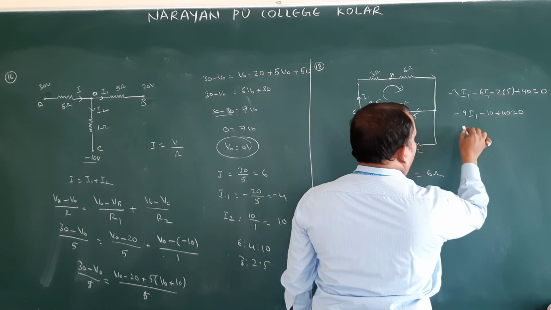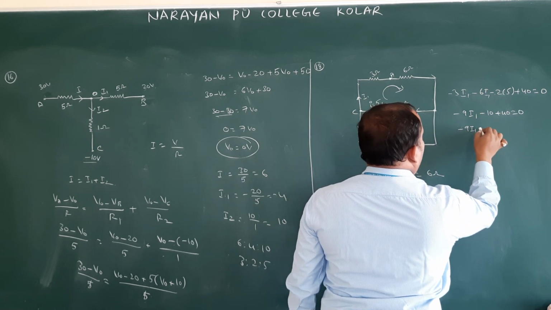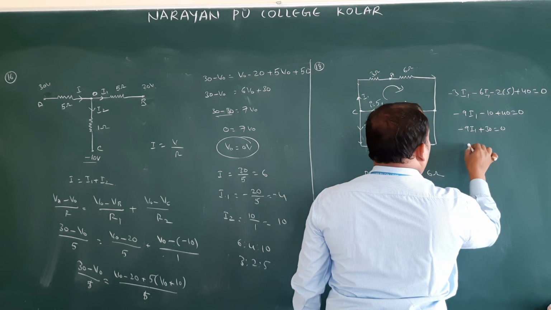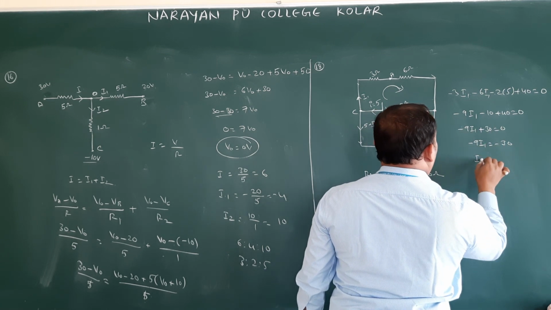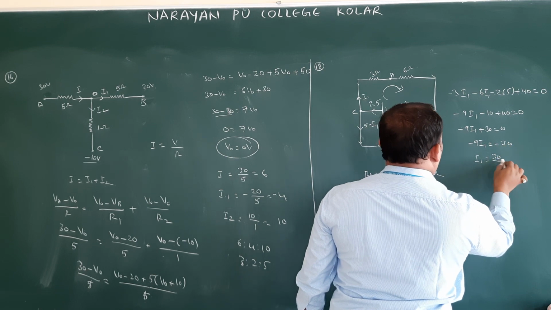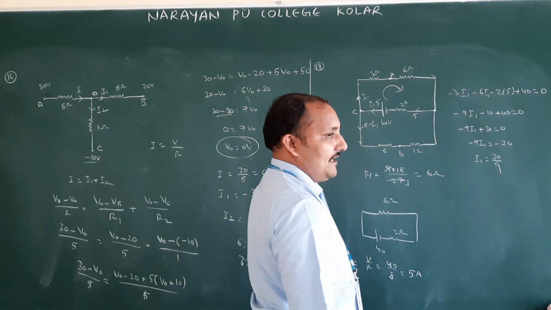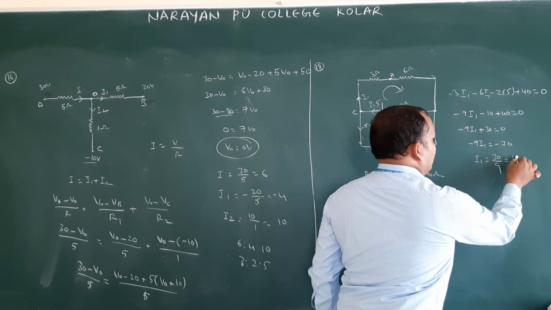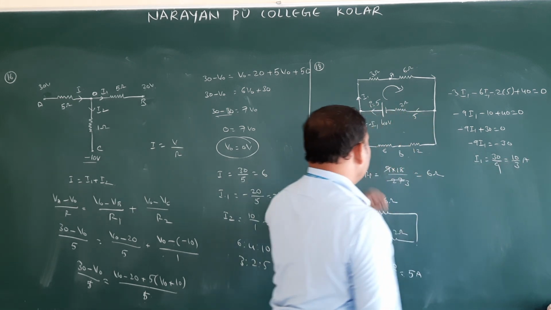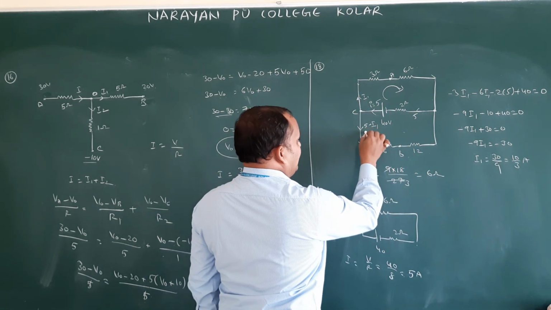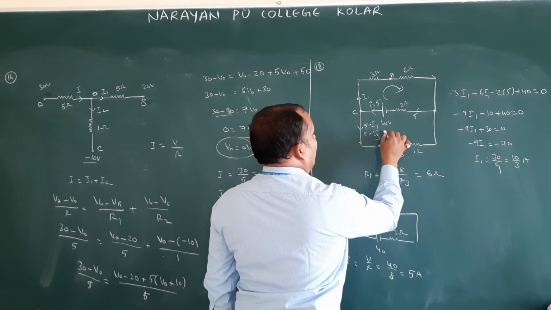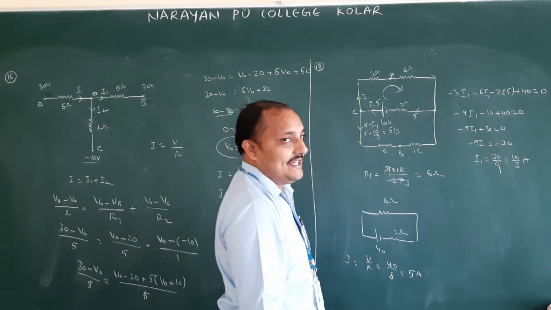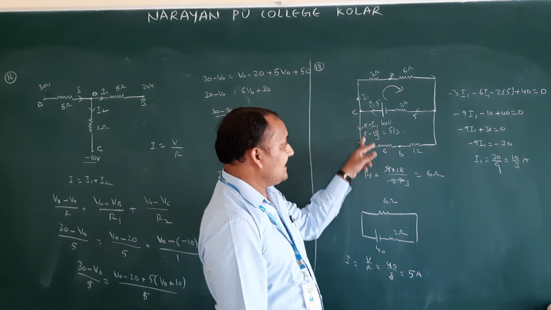Minus 9 I1 plus 30 equal to 0. Minus 9 I1 equal to minus 30. I1 is equal to 30 by 9, so 10 by 3 amperes. This is 5 minus 10 by 3, so how much you get? 5 by 3. So in this the current is 5 by 3.